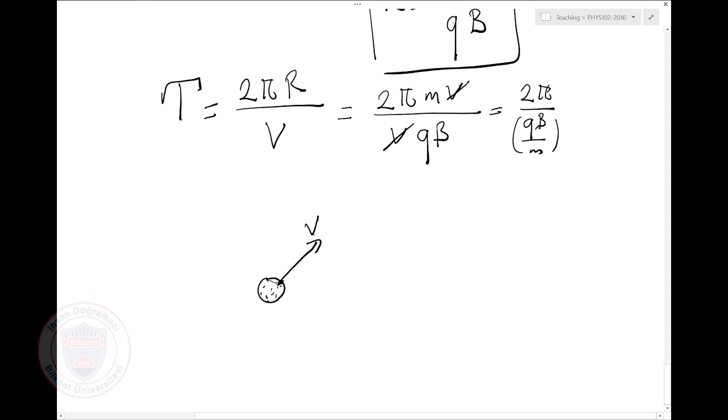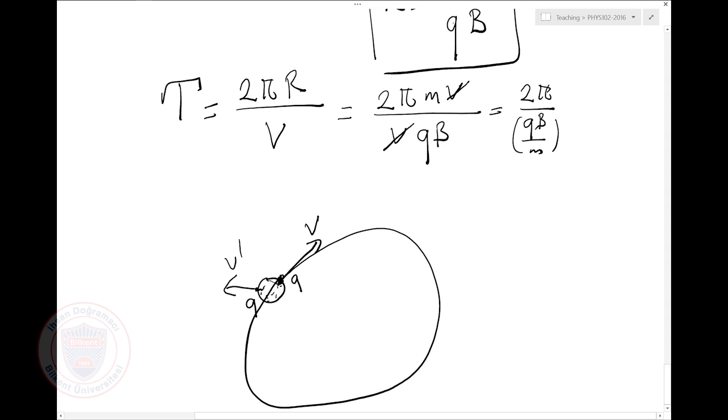I'll have, let's say, a particle with charge q, an electron with velocity v, another electron with velocity v prime. They will both trace out circles, but they will come back to the same point at the same time. So if there is an explosion, one period later, all the particles will come back to the same point. That's very strange. That's very interesting.